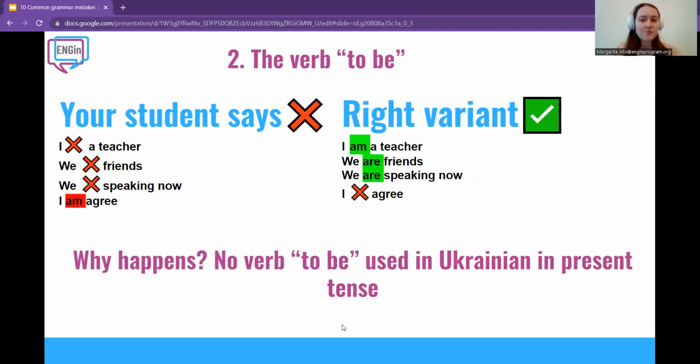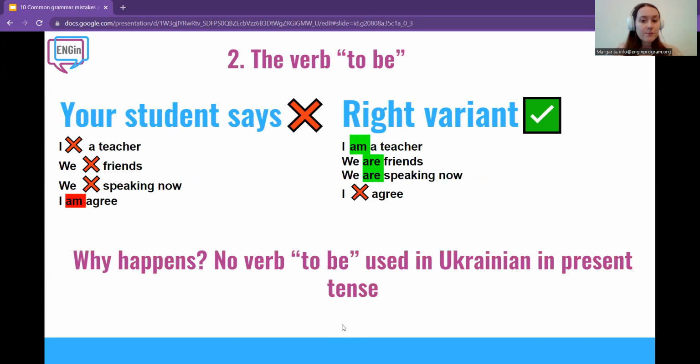The verb to be is never used in the present tense in Ukrainian. That's a problem for students who don't understand why there needs to be an additional verb. The phrase, I'm a teacher, sounds like I teacher in Ukrainian.